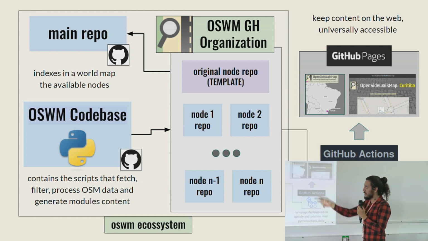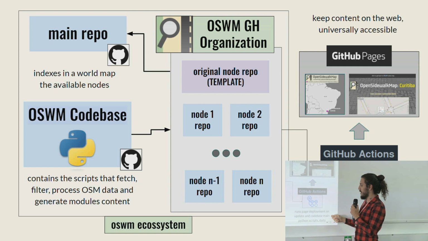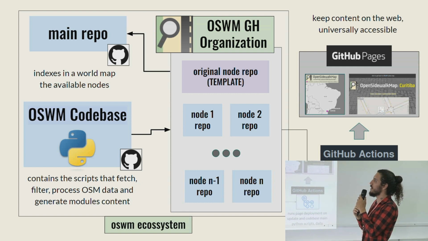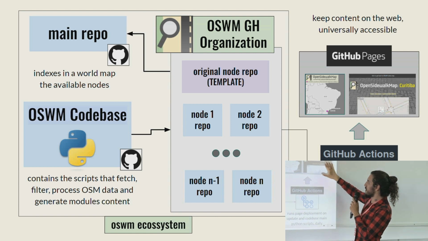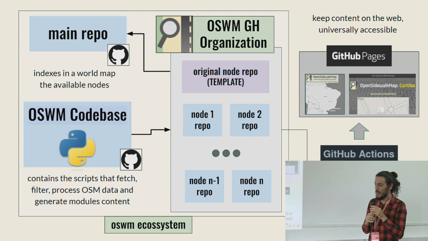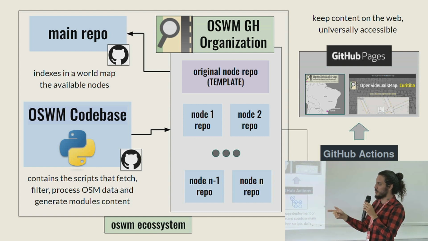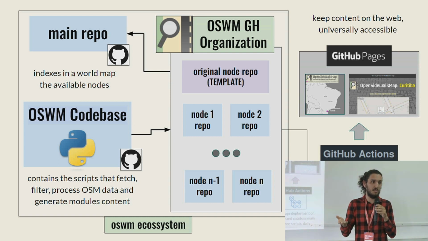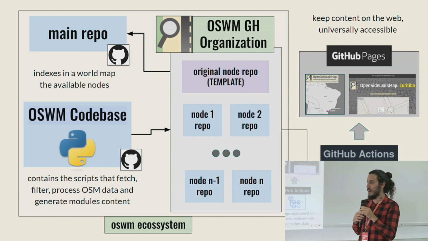So this runs the page deployment and updates the data. Then it's all deployed using GitHub Pages. These tools from GitHub are all free. So it's a system with zero cost of implementation.